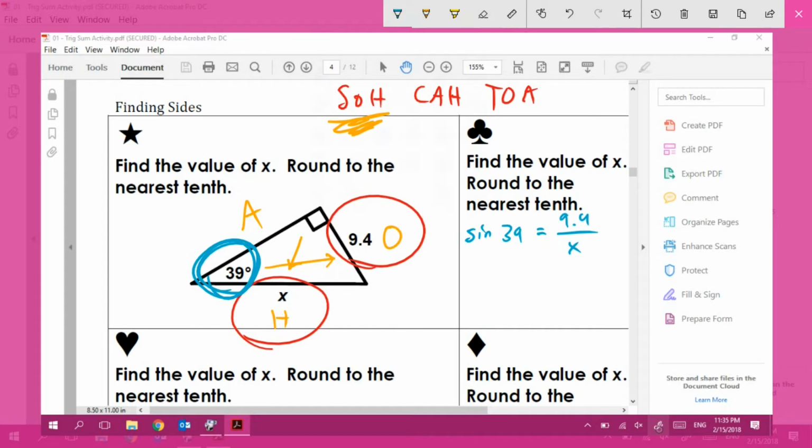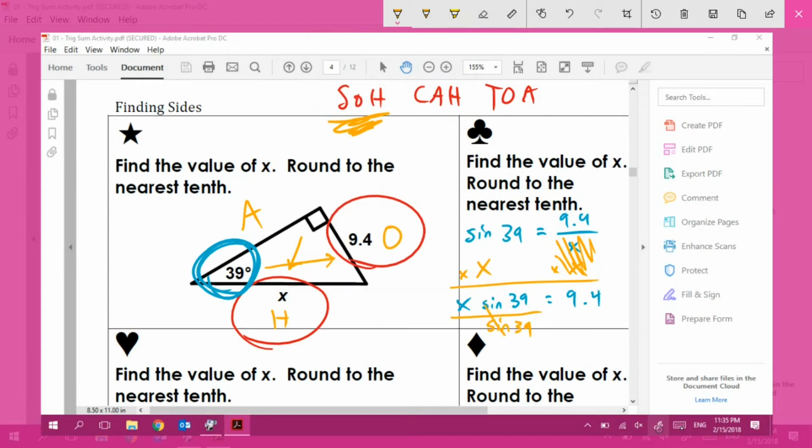So this is going to take two steps because x is on the bottom. First, we're going to multiply both sides by x. That's going to cancel it out on the right side, bam, and then leave us with x sine of 39 equals 9.4. Next, we want to get x alone, so we're going to divide by sine of 39.